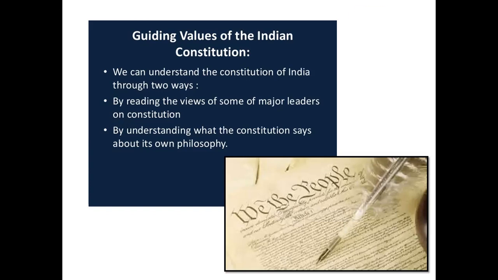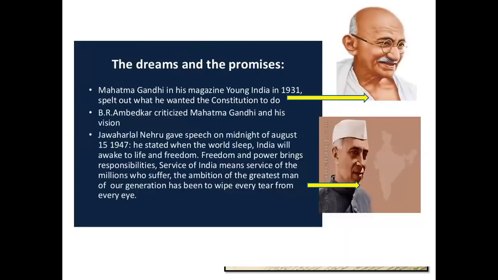By seeing some of the great leaders' views, we can understand what our views and philosophy are. Mahatma Gandhi said in his magazine Young India in 1931 what he wanted the constitution to do.